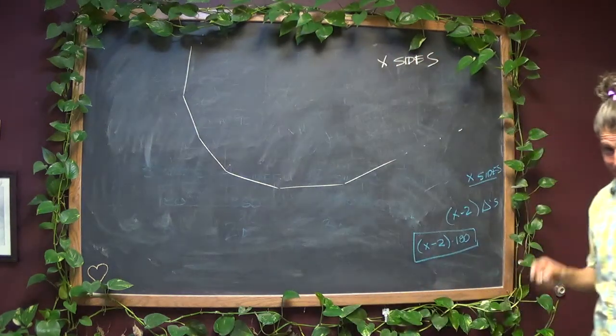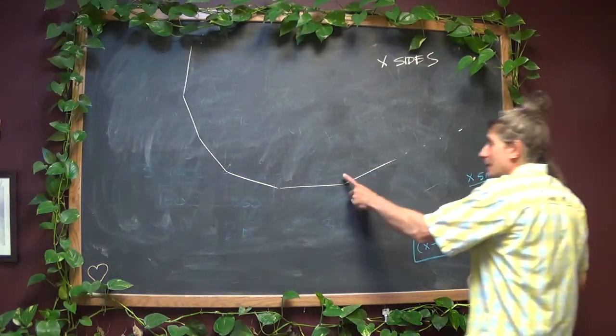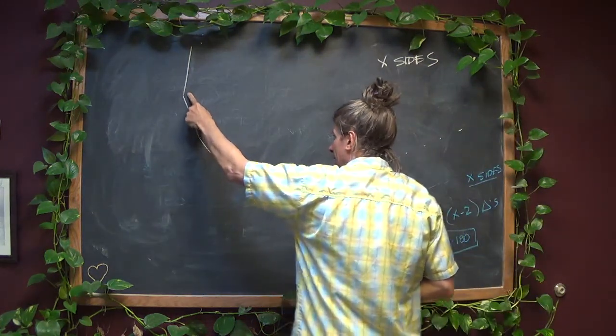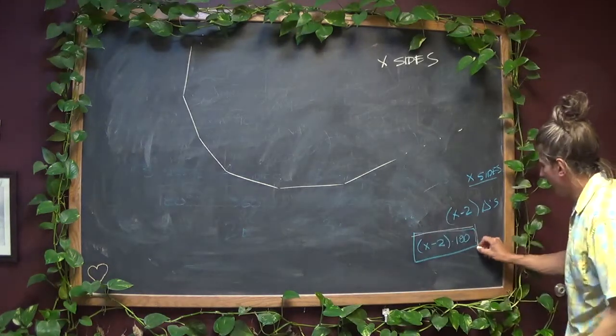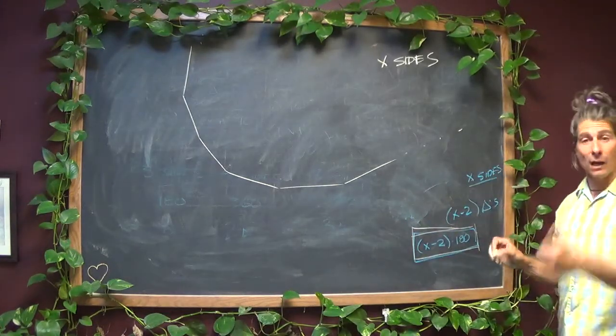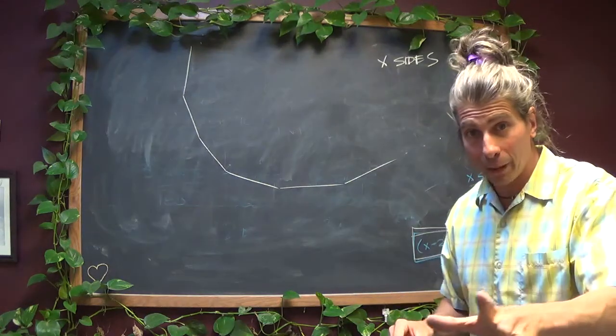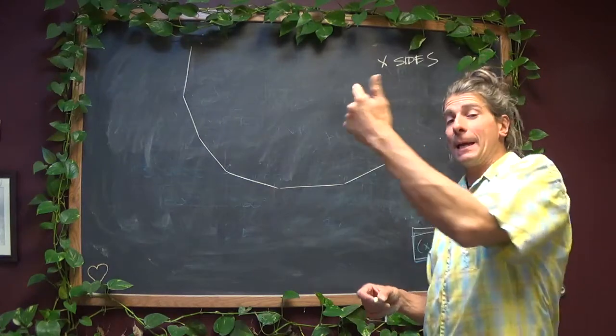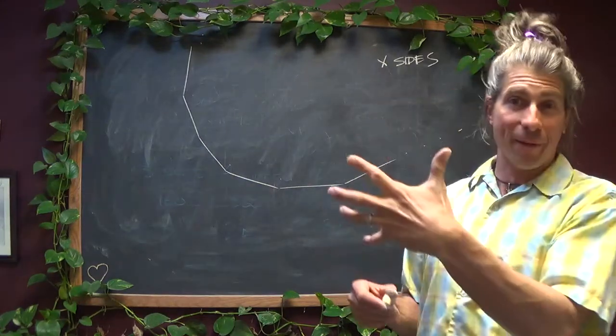That means each one of these angles is this number divided by x, because there are x of the angles. In a square, it was 360 divided by 4 to get 90, because there are 4 sides. In a pentagon, it was 540 divided by 5.